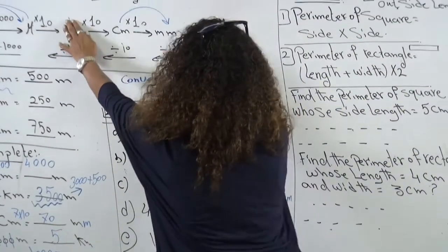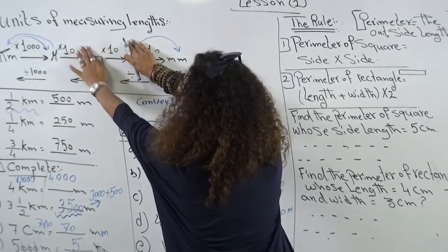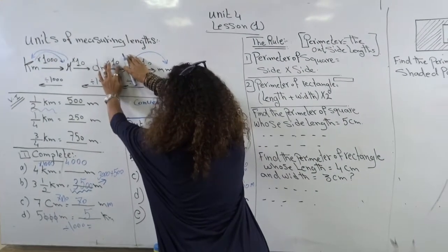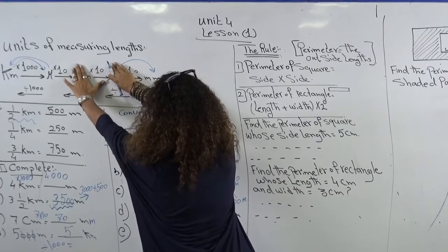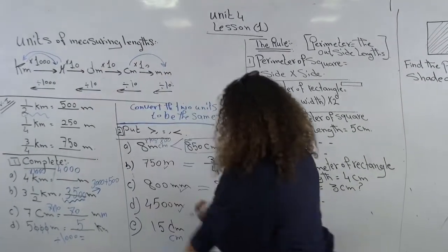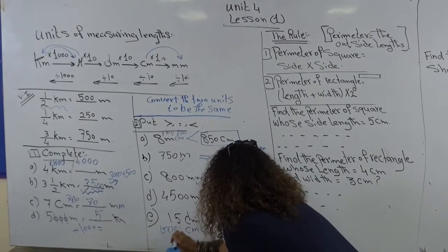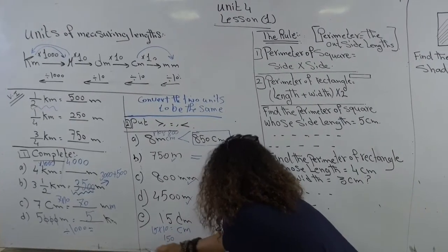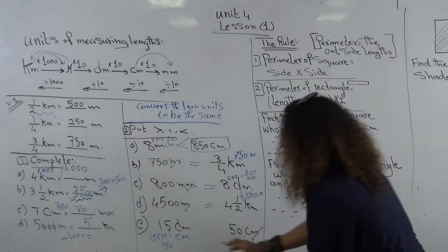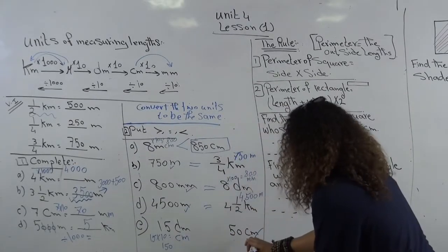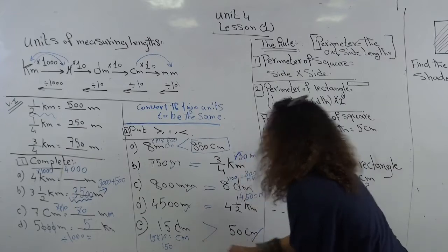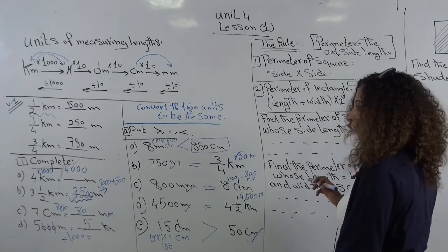From decimeter to centimeter, I just put only 1 zero with the number that you have. That means you have to multiply by 10. So if I have 15 times 10, I'm going to put only 1 zero, so it will be 150 centimeter, and here is 50 centimeter, so 150 is greater.